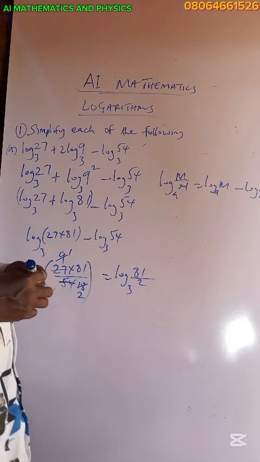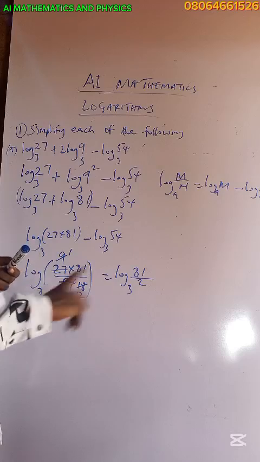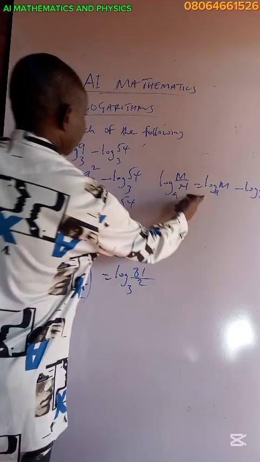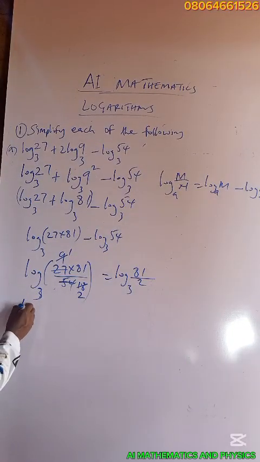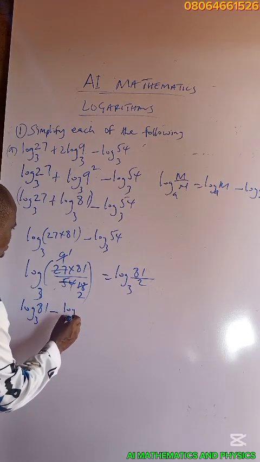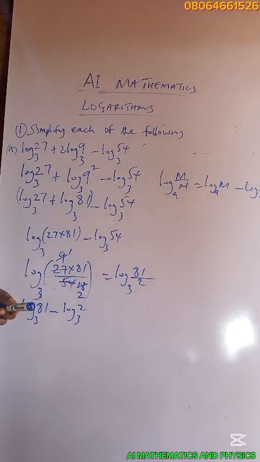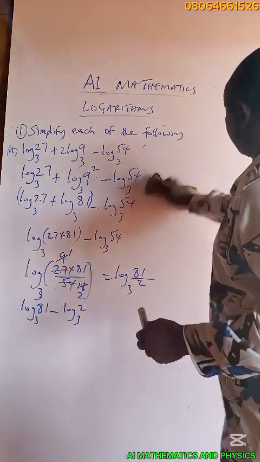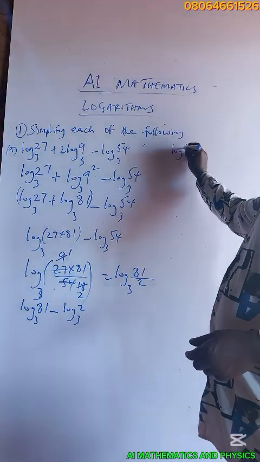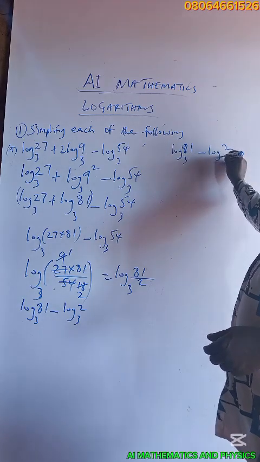Though 81 is a family of 3, 2 is not a family of 3, which means we are going to separate it. Because we have division, we transform it: log 81 base 3 minus log 2 base 3.